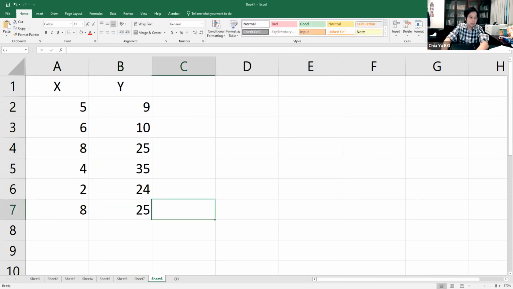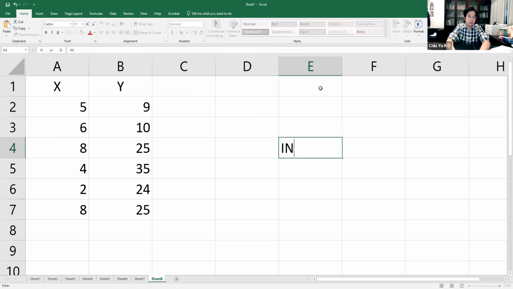So I want to show you how we calculate alpha and beta. We want to show you how we calculate the intercept and slope, first the slope, and then the intercept.